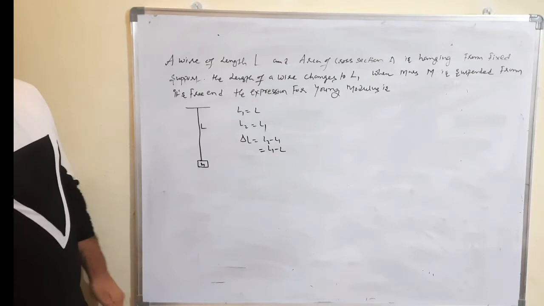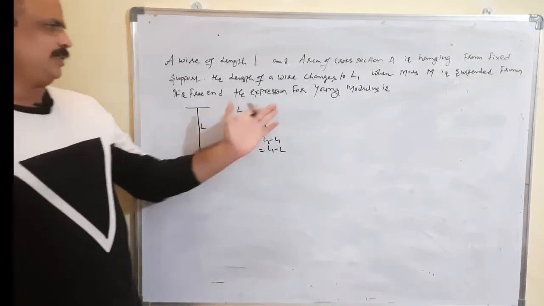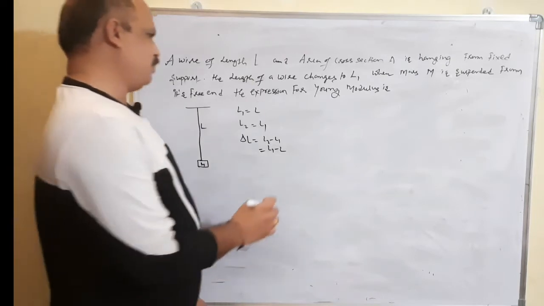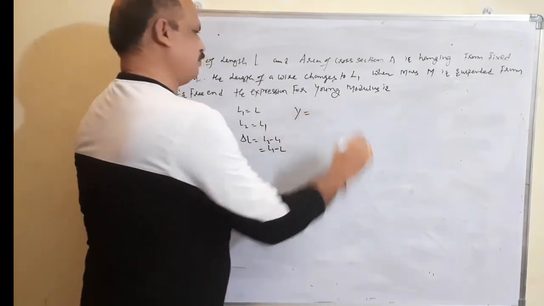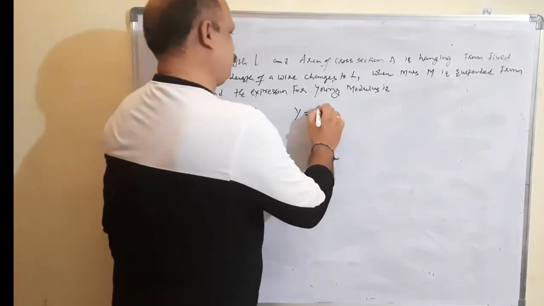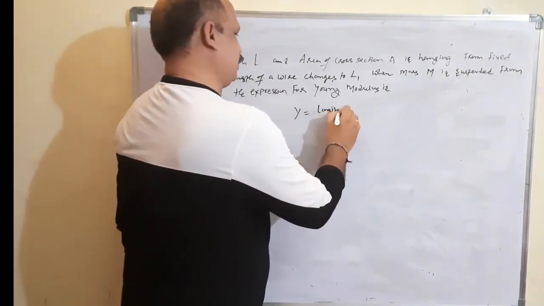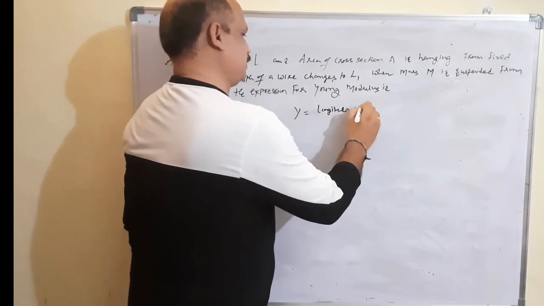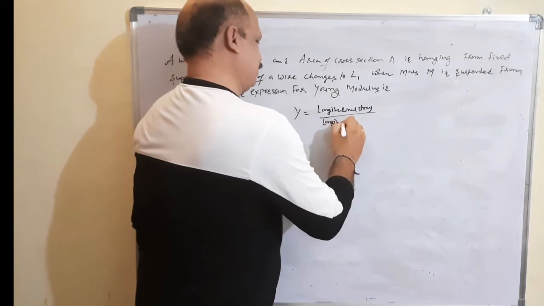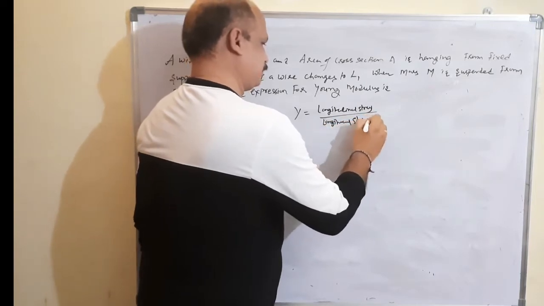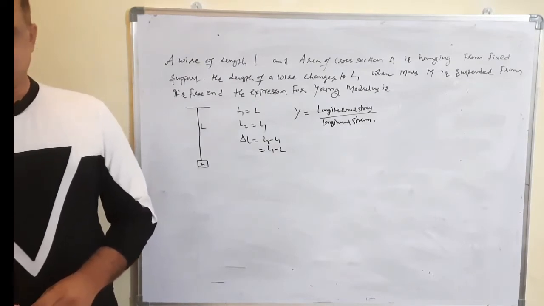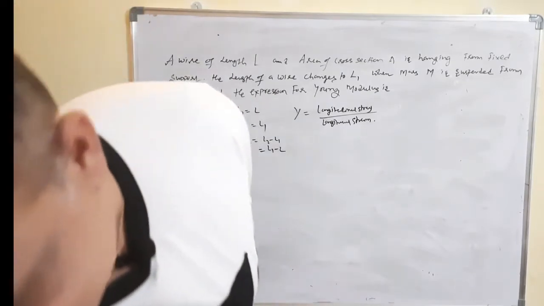And also here the expression for Young modulus. Okay. So we know that Young modulus is equal to longitudinal stress divided by longitudinal strain. Now what is the longitudinal stress here?